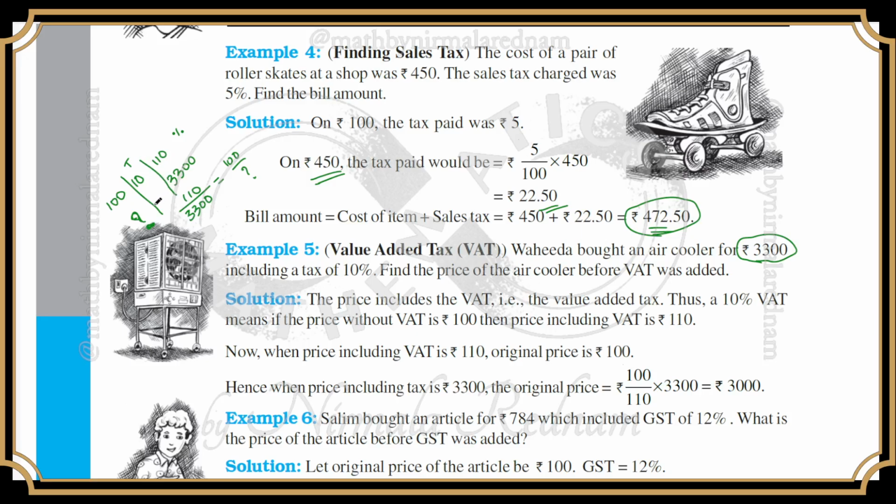What we are saying is the cost of the item, if it is 100 in the percentage world, what is it in the real world? That ratio is going to be the same as your 110, which is the total bill amount, by in reality the bill amount, which is 3,300. So that is going to give you the answer as 3,000 after cross multiplication.